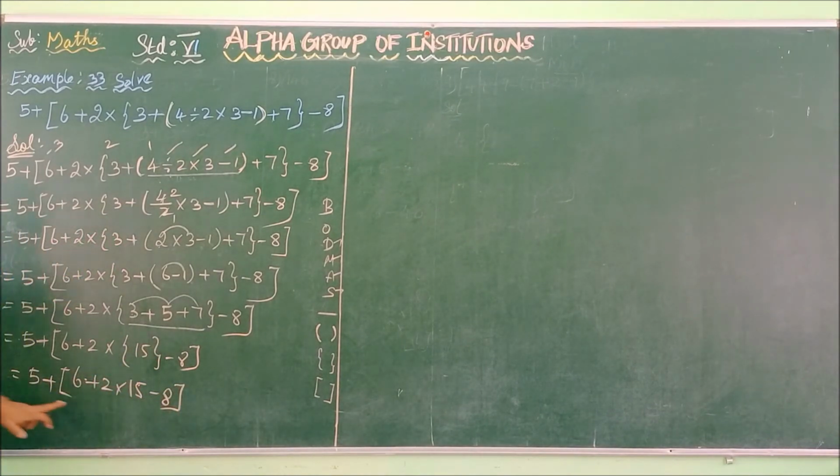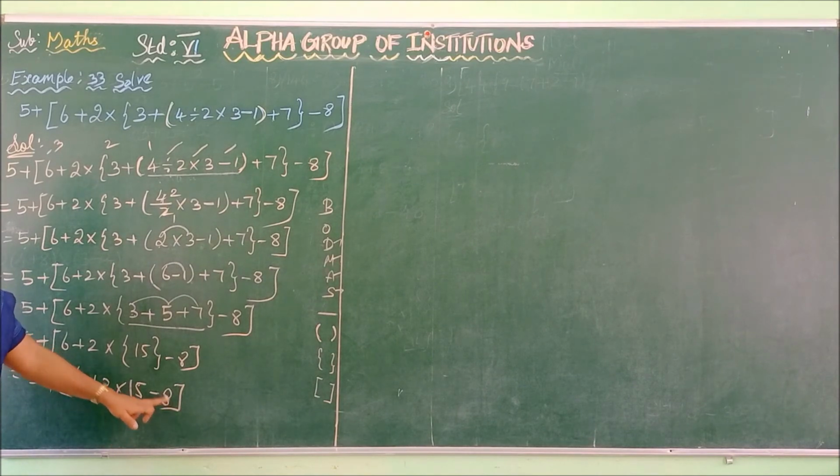Thus we get one expression. In this expression we have only the square bracket. Within the square bracket we have 4 numbers with 3 operations. Now we have to evaluate this.